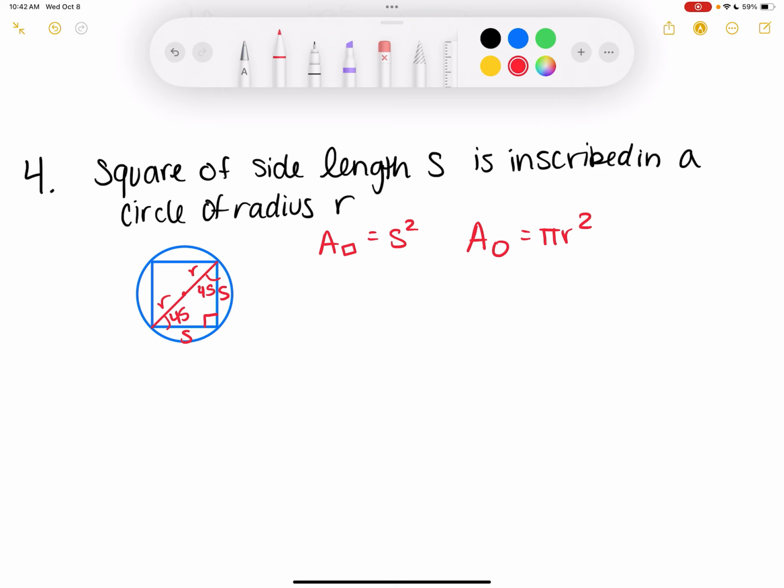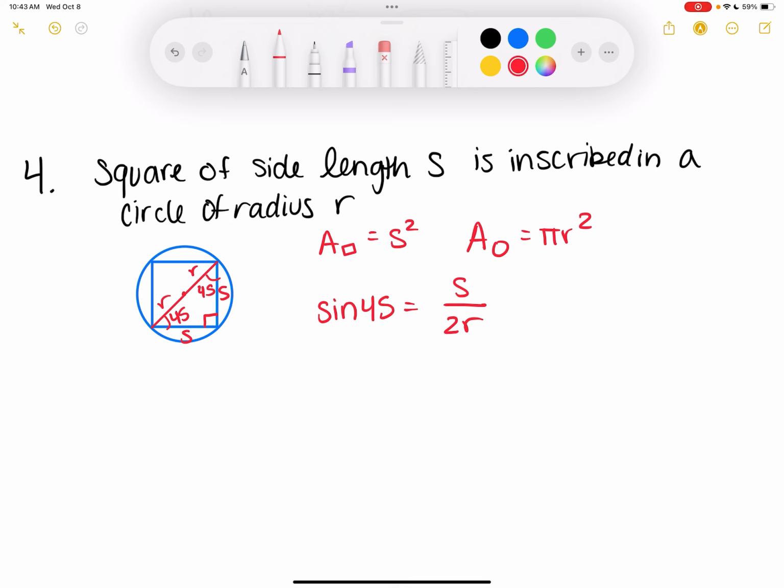So I can do a couple of things here. I can say that because I know this is 45, when I would solve a triangle, I could use a trig function, say like sine, and do opposite over hypotenuse, which would give me the sine of 45 is equal to s over, the hypotenuse is 2r.